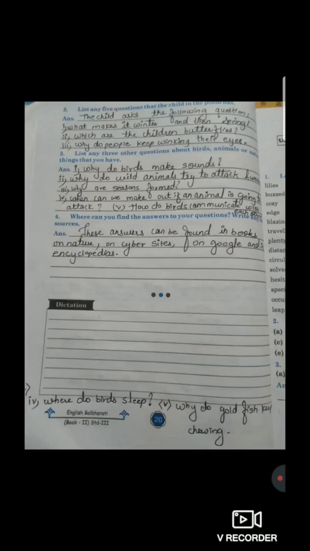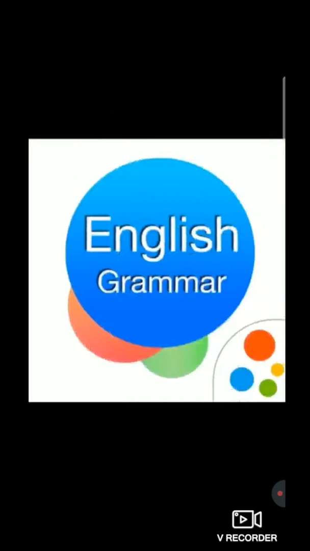So the question number 4 answer is, this answer can be found in books on nature, on cyber sites, on Google and in encyclopedias. So students, we have completed the notes of poem number 17, Curiosity. Right students? Now we will start with the grammar part.